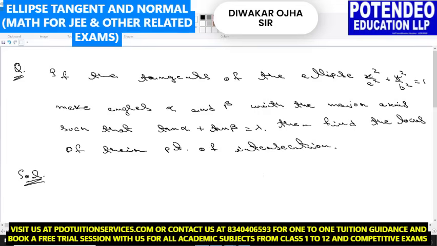Now lambda is given, but is a also a variable? No, a is given in the question, and b square. Since it is already given, your final answer can be in the form of a, b, and lambda. Sorry, h and k were not given.